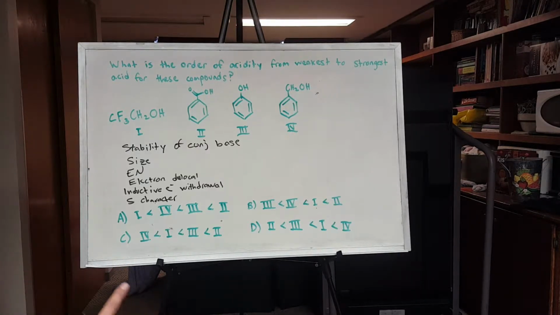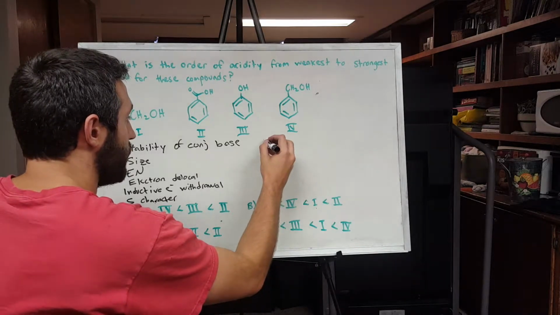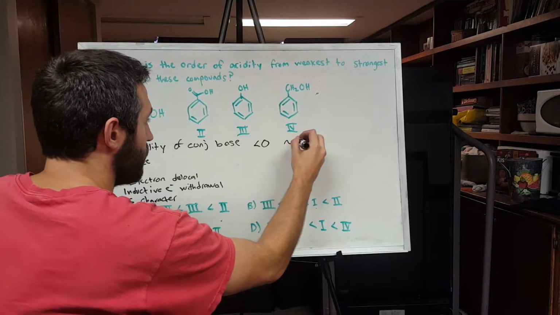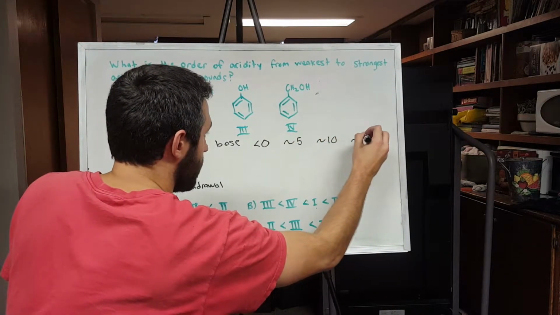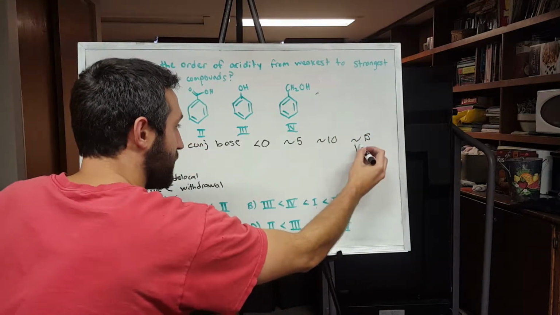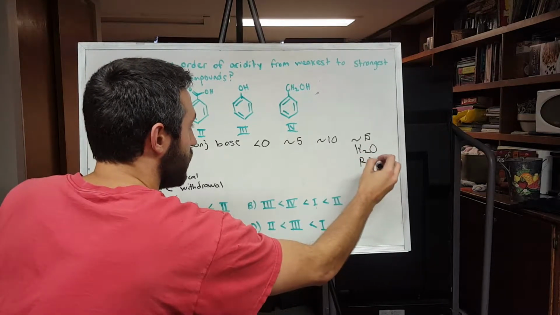One more thing I want to point out is there's a table in your book that you should probably know pretty well for the approximate pKa's. Less than 0, approximately 5, approximately 10, approximately 15. Approximately 15 is water, alcohol.